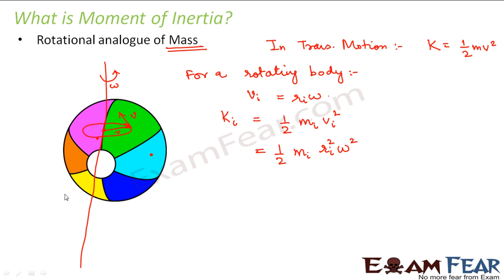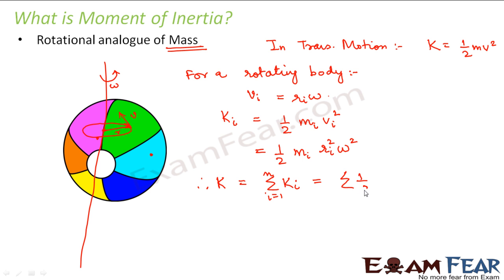Now, in this case we are considering a pure rotational motion about a fixed axis. Therefore, omega is constant, so omega is the same for all the particles. Therefore, the total kinetic energy involved during this rotational motion is the sum of the kinetic energies of each particle, where i is equal to 1 to n.